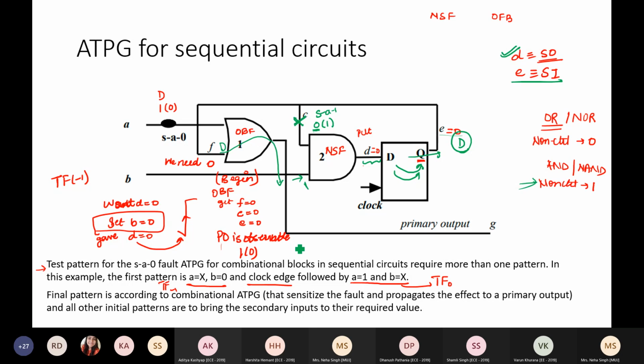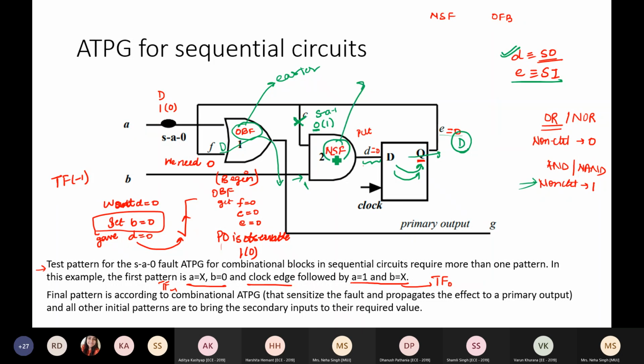Right, so now I needed 3 time frames to read the fault effect at output. So controlling or observing, or you say testing the fault of OBF is much easier as compared to the fault to be detected in NSF.